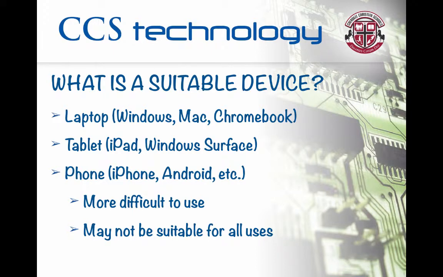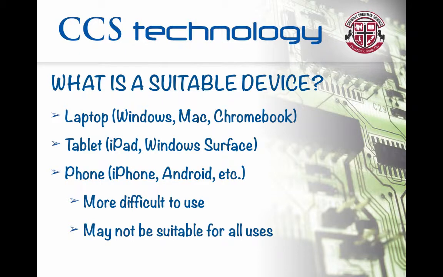Now, with phones, and also I put in this category the iPod Touch because it is basically an iPhone without the phone, we have found that these are more difficult for students to use, and they may not be suitable for all the things we want to do with them, especially if you're expecting students to do much writing in class. We've found that phones are difficult to use.